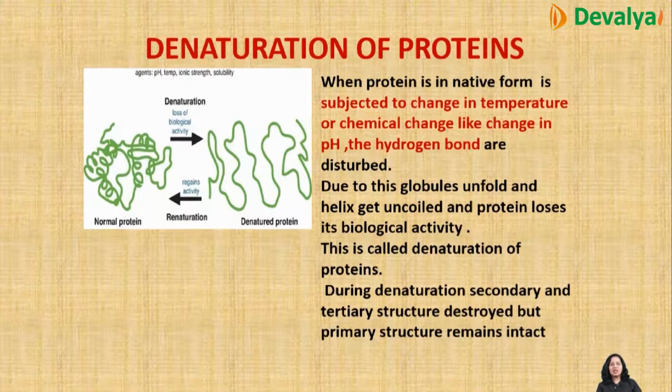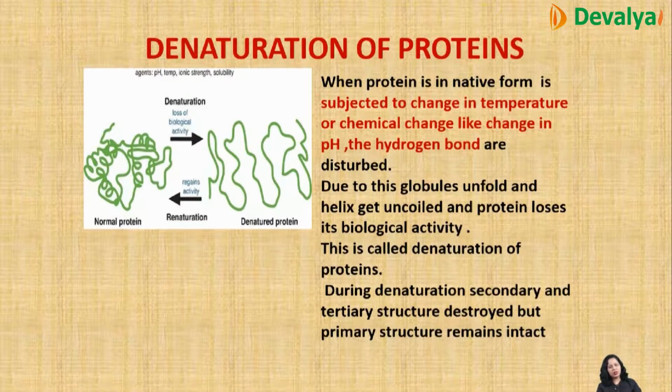Now, what is the denaturation of protein? De means change, naturation means the nature of the protein. Each protein, in its native state, has its particular pH and temperature. But if we make changes in the temperature or chemical changes like pH, hydrogen bonds are disturbed and the protein gets uncoiled, unfolded, and loses its biological activity.